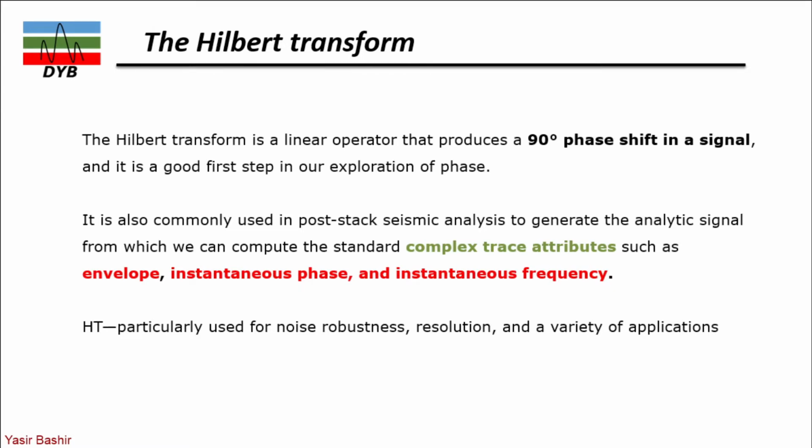So it will produce a 90-degree phase shift of a signal and is a good first step in our expression of the phase. The Hilbert transform can also be applied to post-stack seismic analysis, as I mentioned, and it can generate the analytical signal from which we can compute the standard complex trace attributes.